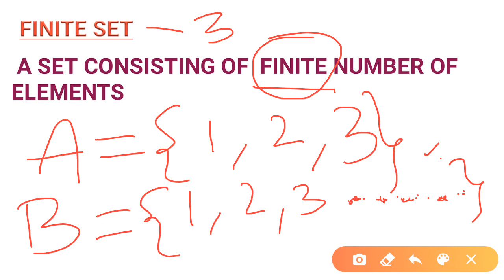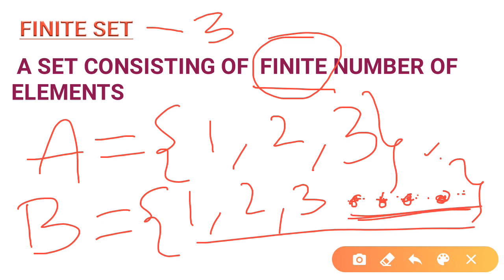No. Why? Because these dots indicate infinite numbers, going up to infinity.